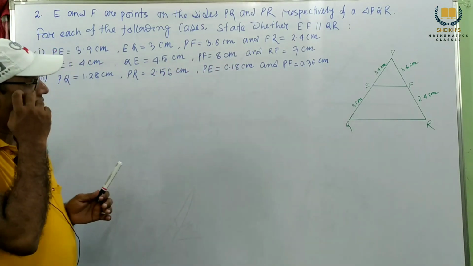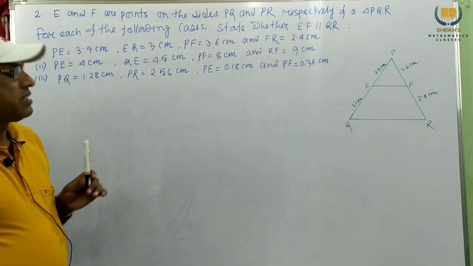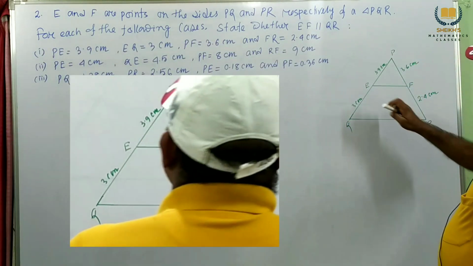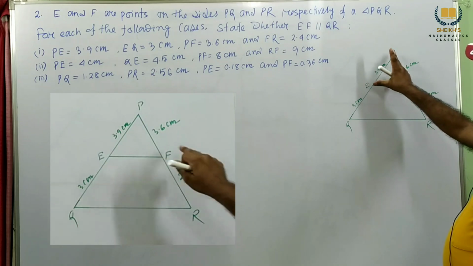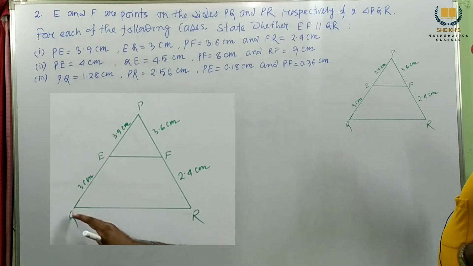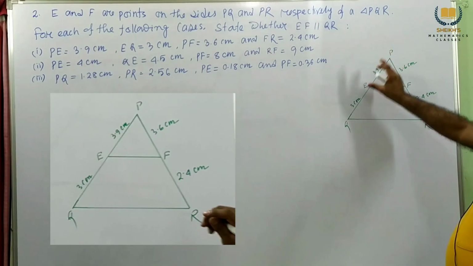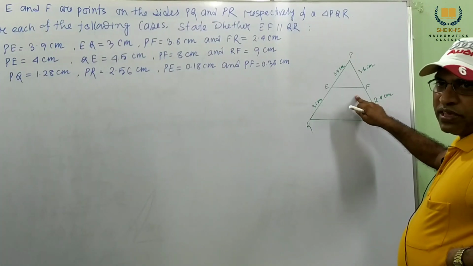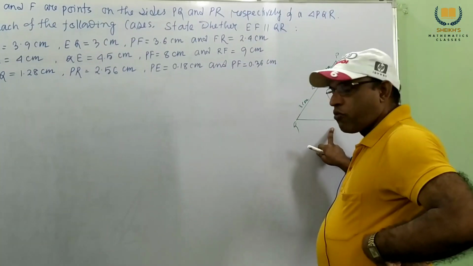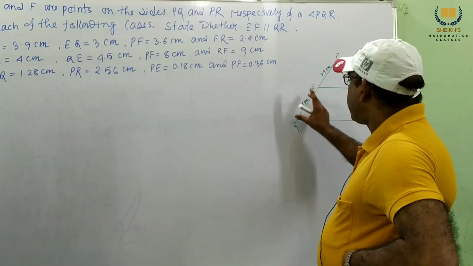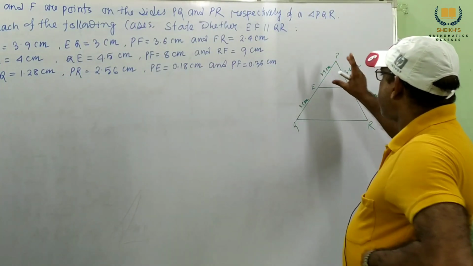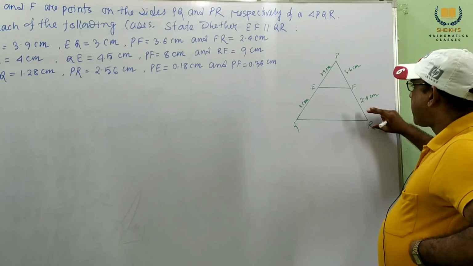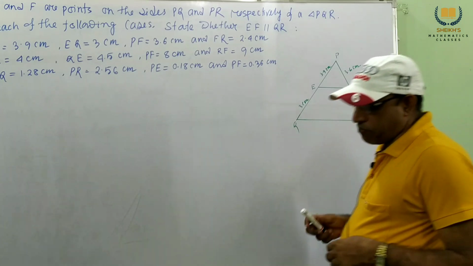We have to check whether EF is parallel to QR or not. If EF is parallel to QR, then obviously we get this by this equal to this by this. If PE by EQ equals PF by FR, then obviously these two are parallel.